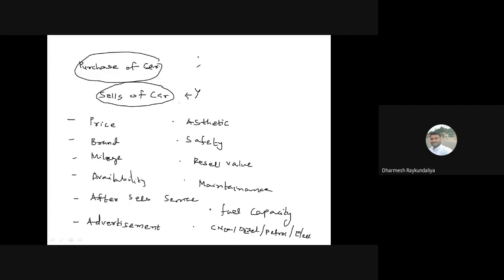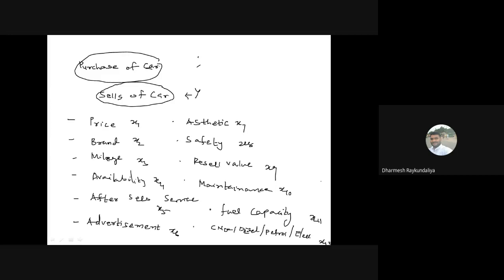I wish to see that the sales of a car is affected by price, brand, mileage, availability, after sales service, advertisement, aesthetic, safety, resale value, maintenance, fuel capacity, types of fuel, and many more.